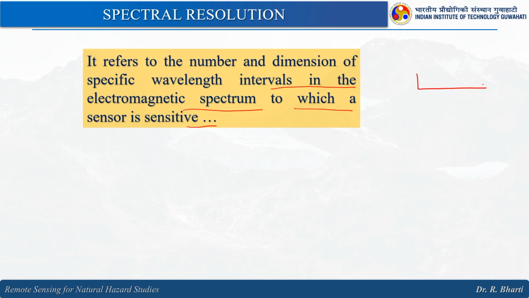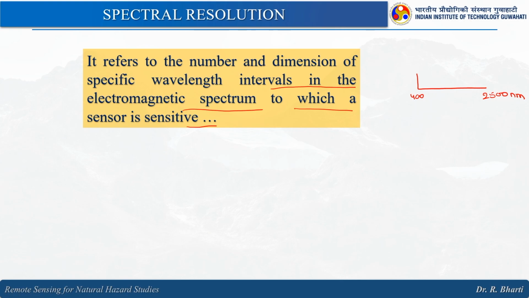First one is, let us consider this is 400 nanometer to 2500 nanometer. This is the wavelength range.